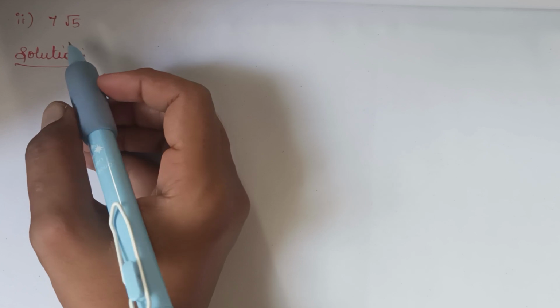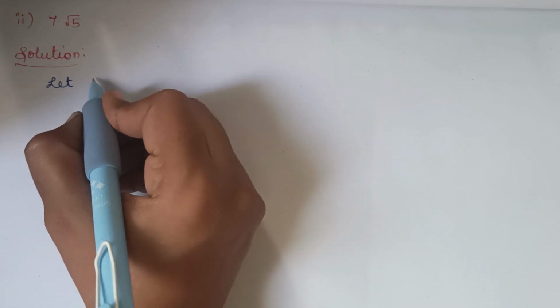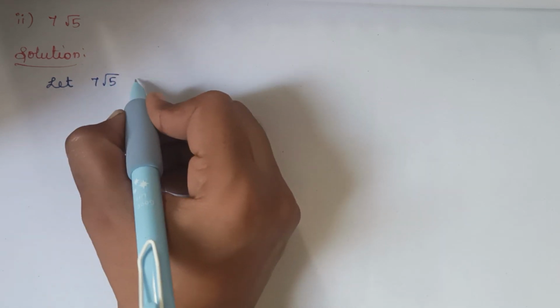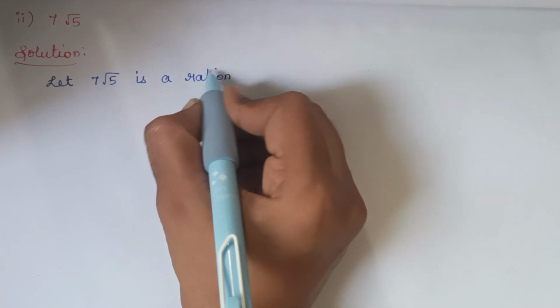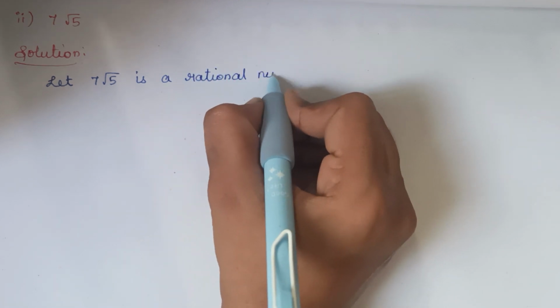Then the second sum, 7 root 5. We should prove that 7 root 5 is an irrational number. So we'll do the sum. Let 7 root 5 be a rational number. Okay, we are considering this as a rational number.